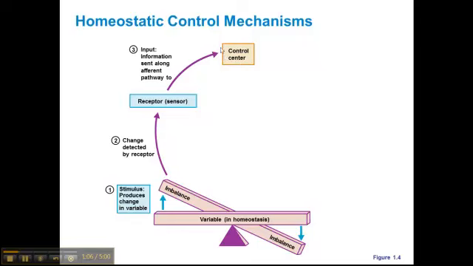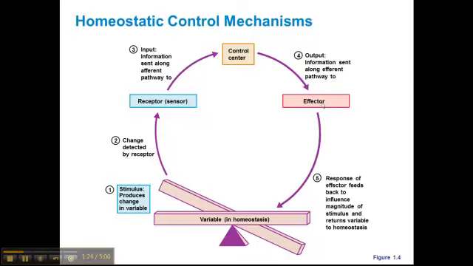In most biological systems, that control center would be the brain or other parts of the central nervous system. That control center then is going to send information in terms of a response out to an effector. The effector are often muscles and or glands. That effector then has the ability to bring about a change, thereby returning our variable to homeostasis.